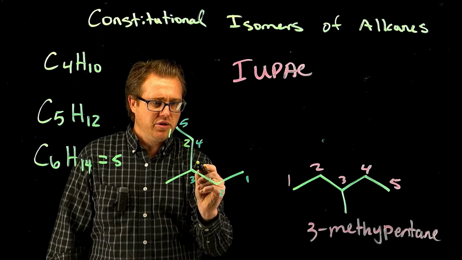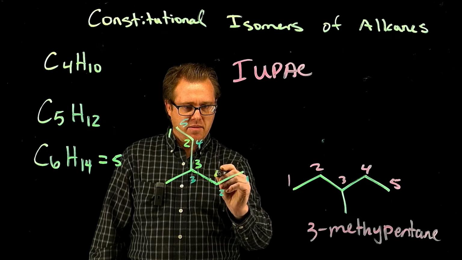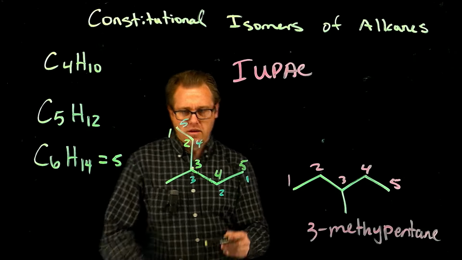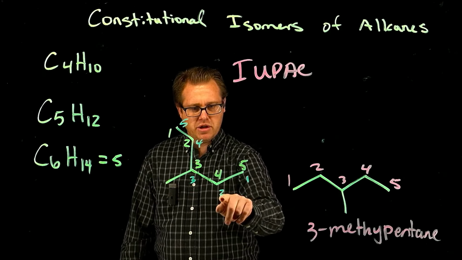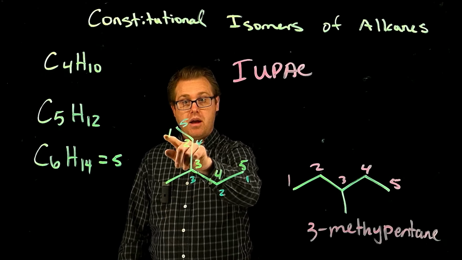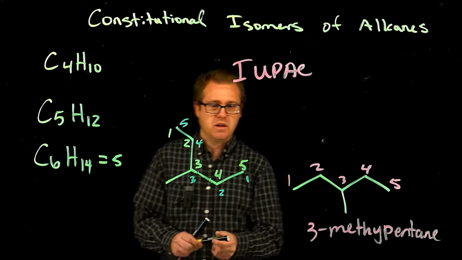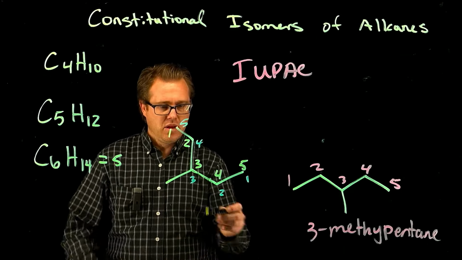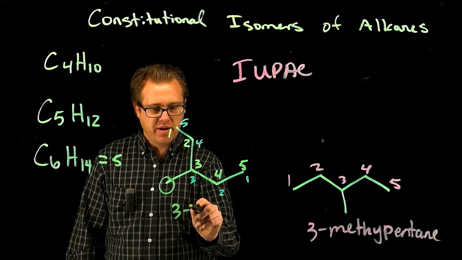So that'd be 1, 2, 3. Wait, am I lying here? Let's double check. The locant number is at 1, 2, 3. Okay, and if I number it the other way, it's at 3. Oh, so it all works out the same. So what have we found? That we have a substituent at carbon 3. So that's a 3-methyl.